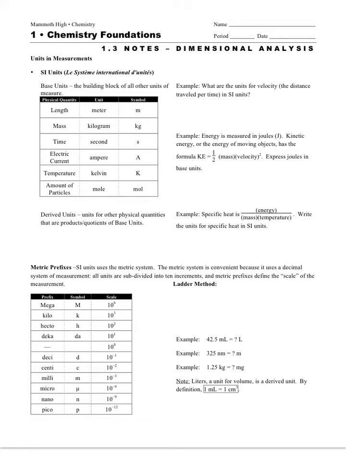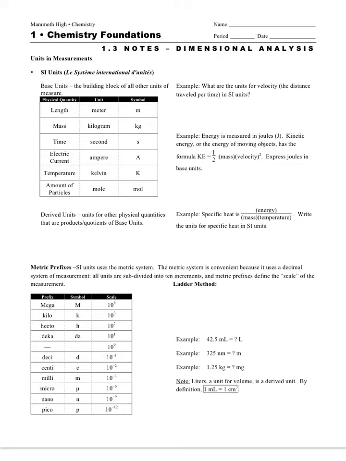So those are base units, and we do conversions with the metric system. We can convert from grams to kilograms, meters to millimeters, for example. Derived units are units that are derived from the base units, usually by multiplying or dividing.